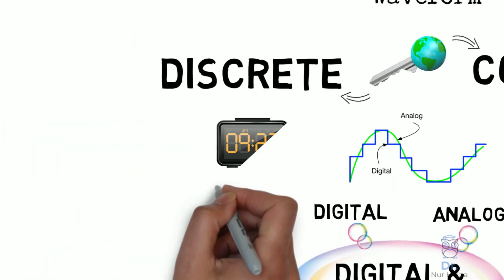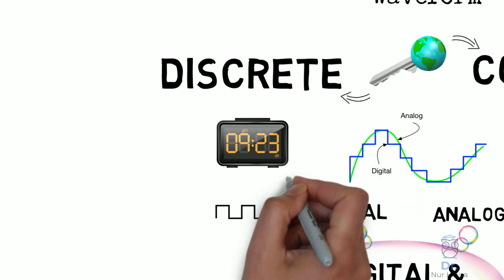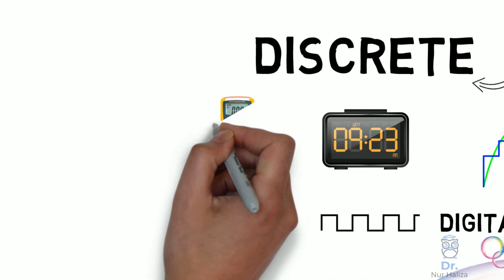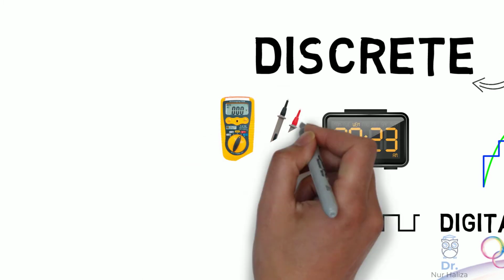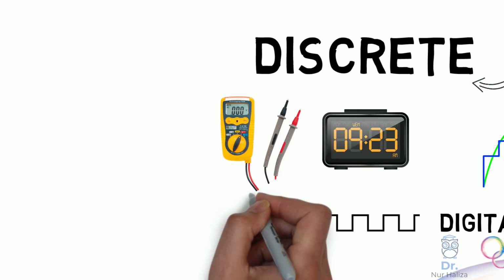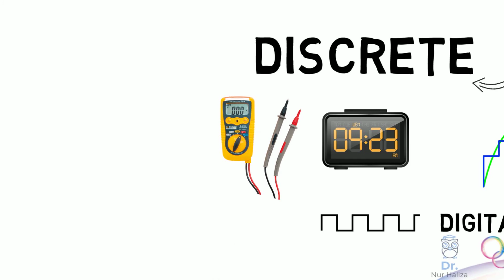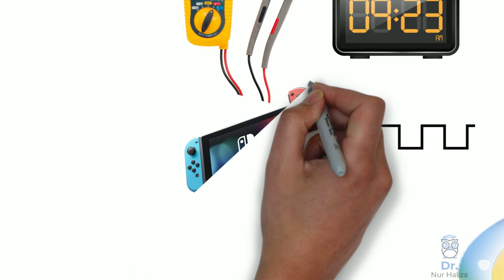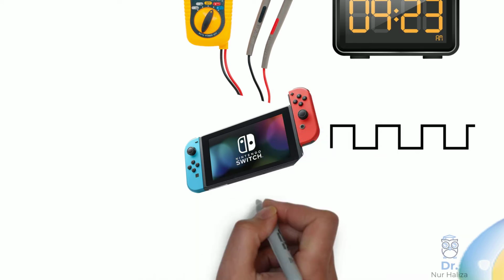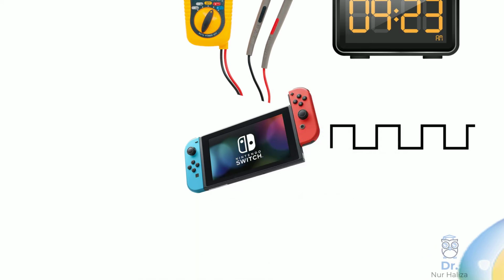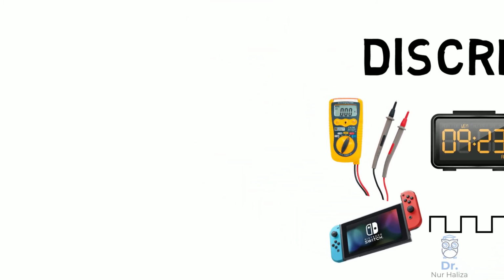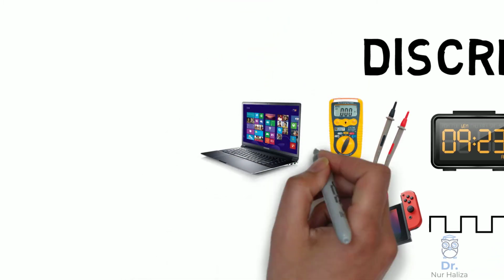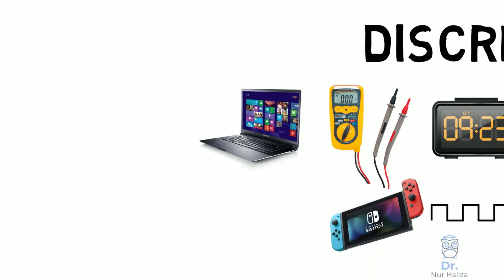Over here, let's see the example devices for digital. This is the digital clock, of course. And then the multimeter, this one is the digital type. And you have this one I really love, which is the Nintendo Switch, the game. You also have many other devices like your laptop and your computer.